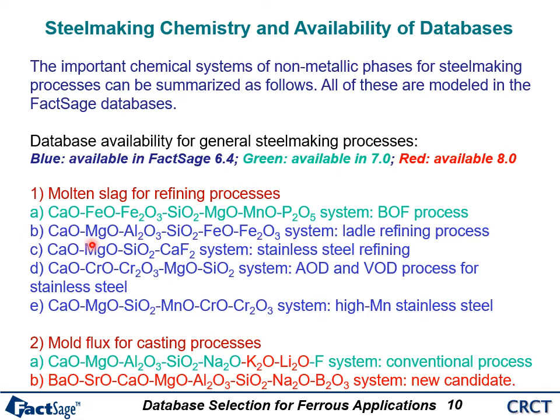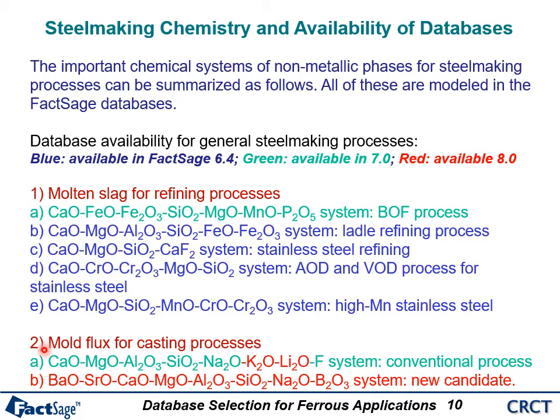And also the typical ladle refining process slag is very well covered by our database. Also stainless steel refining, AOD, VOD processes, and high manganese steel applications. All of these slag systems are very well covered in our database.